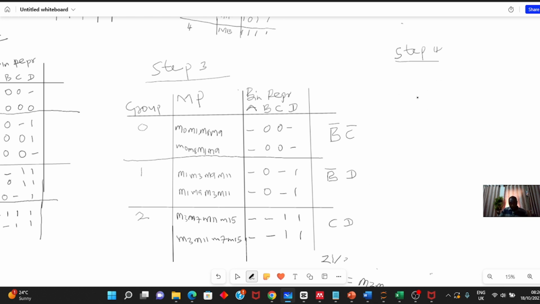So let's form our prime implicant table. So we have the PI, and these are the main terms involved.